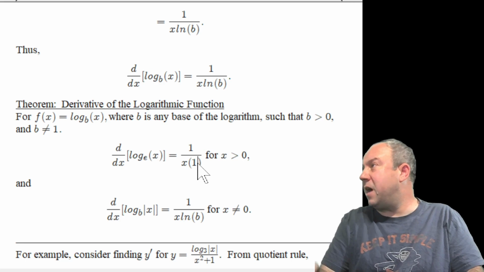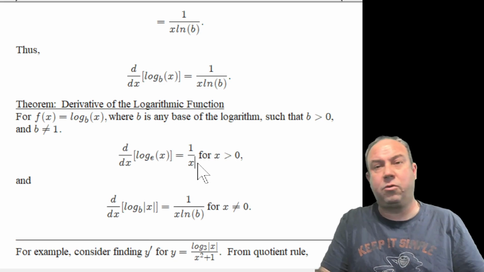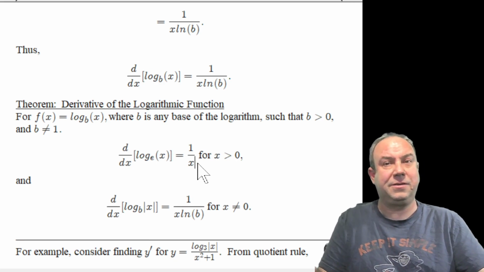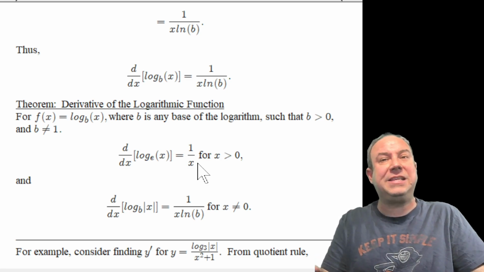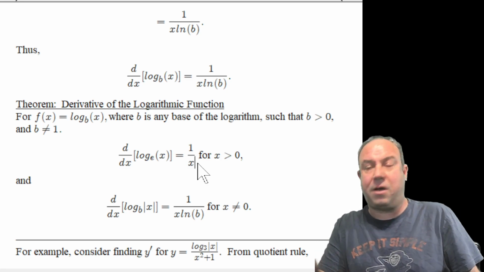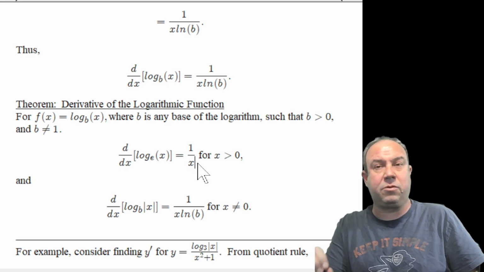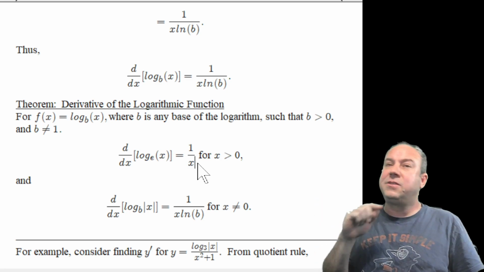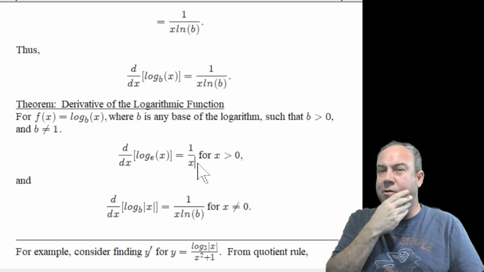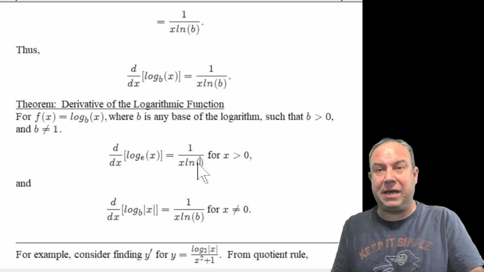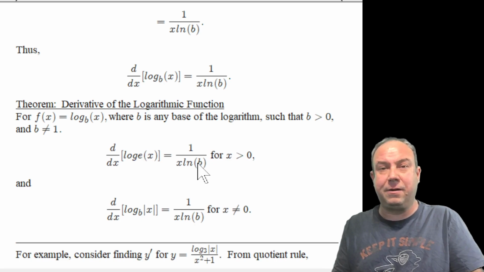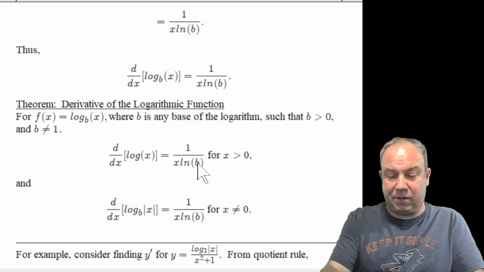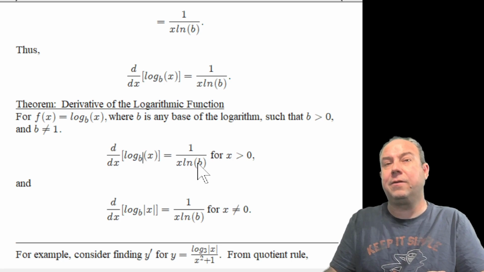So you have in the denominator x times 1, which is just equivalent to x. So the log base e of x, or the ln of x, has a derivative equal to 1 over x. And this logarithmic rule of any base supports that result for the natural logarithmic function also, base e.